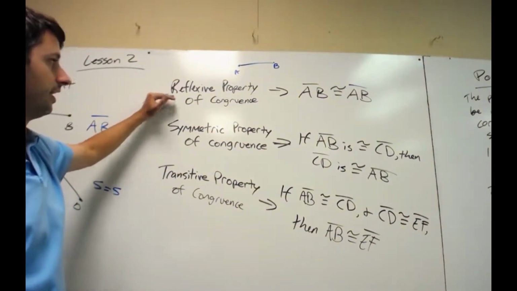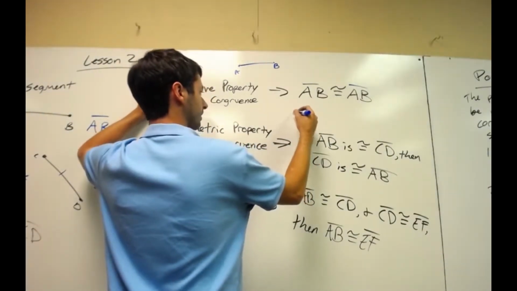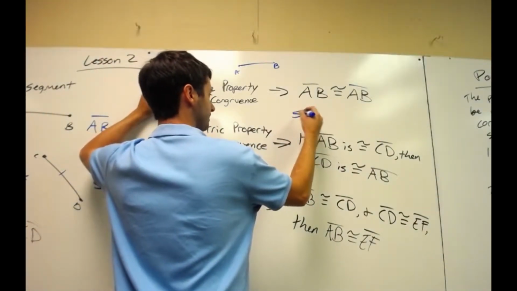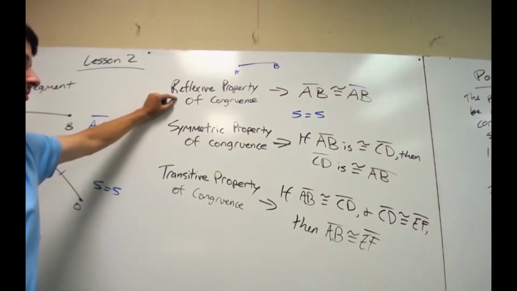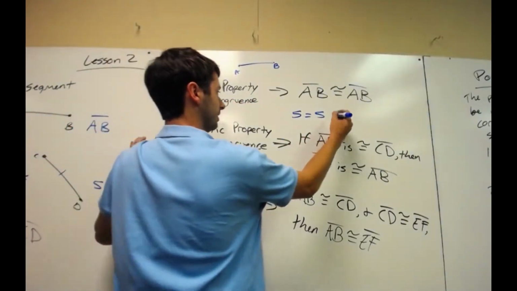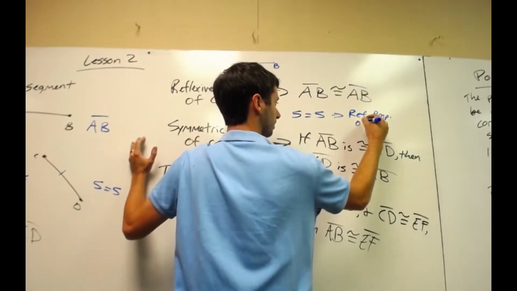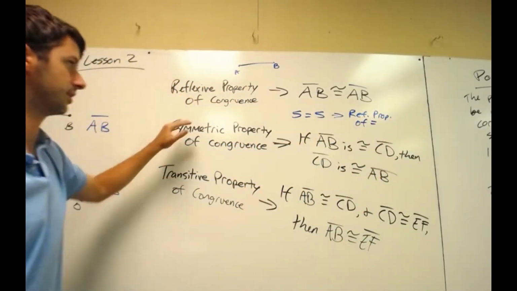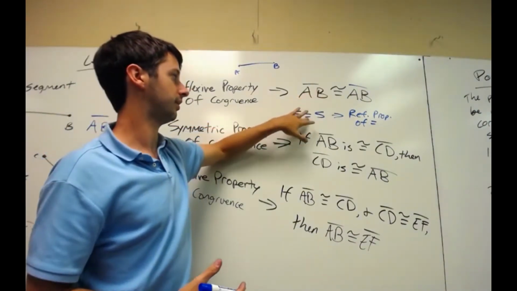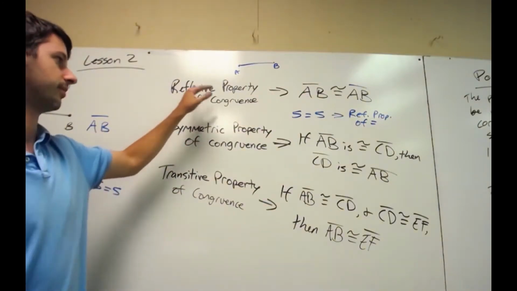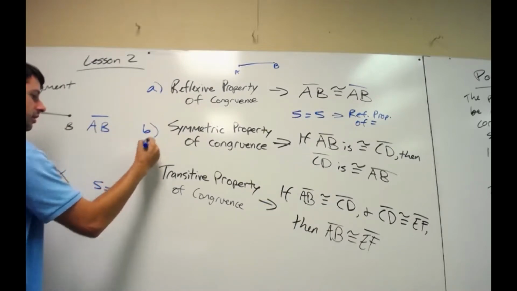Now, if it said 5 is equal to 5, that's the reflexive property, but that would actually be the reflexive property of equality because it has an equal sign. So just so you know, in the future, equality and congruence are slightly different, but the property remains the same.